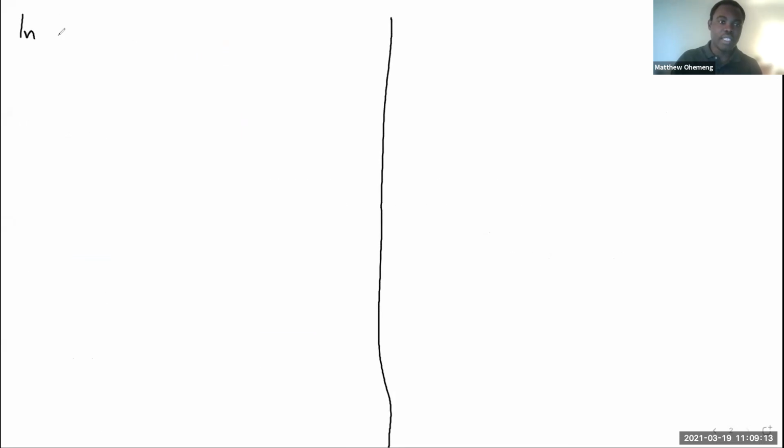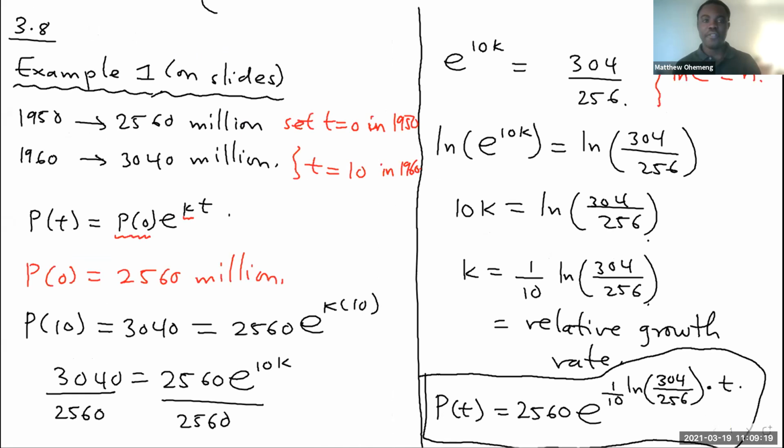So in 1993, the question is, what is our t? Can anyone help us with that? If t is 0 in 1950, in 1993, what is t? Very close, Megan.